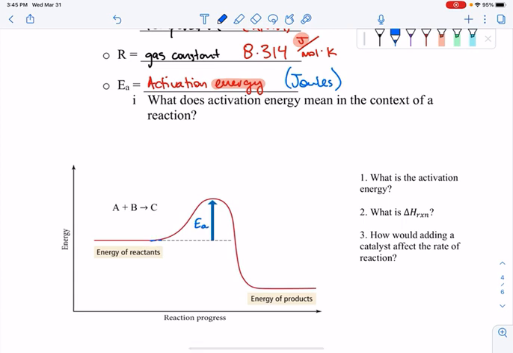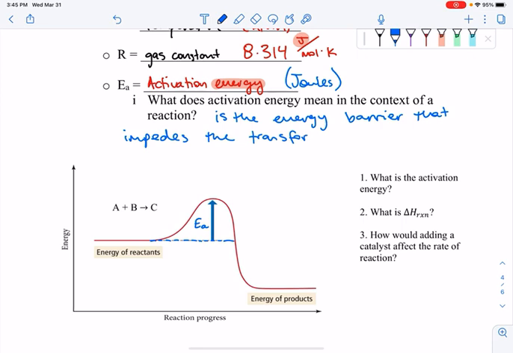So it starts from where the reactant starts, and it goes up to that hump. And the activation energy is the energy barrier that impedes the transformation of chemicals into other species, right?